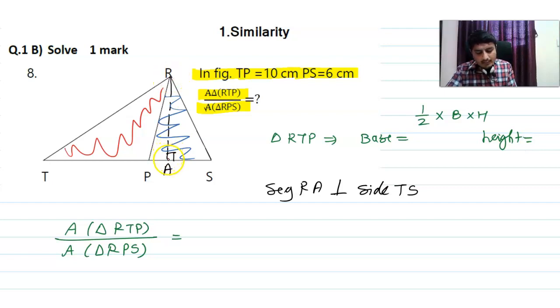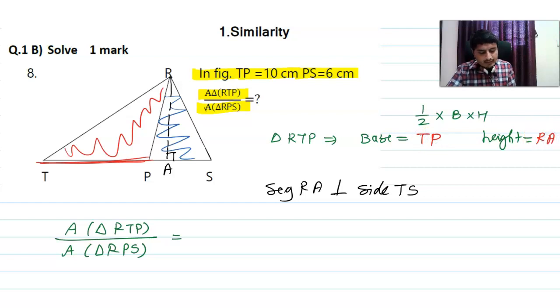Here RA is the perpendicular drawn on the extended line, since triangle RTP is an obtuse angle triangle. That's why we draw the perpendicular on extended TP. So RA is the perpendicular drawn on TP. TP is the base of the triangle and the perpendicular itself is the height. So the base is TP and the height is RA.